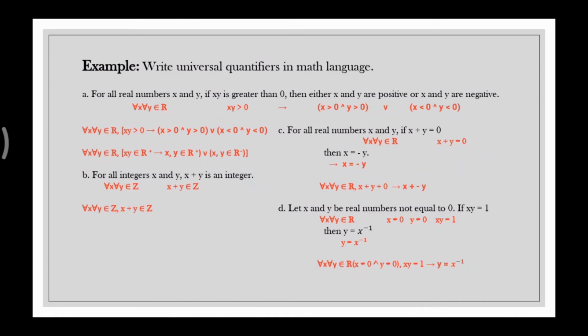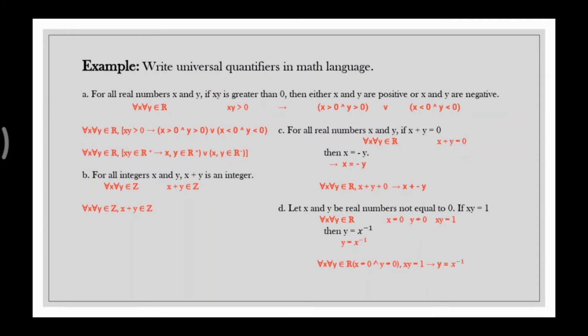Example. Write universal quantifiers in math language. Letter A. For all real numbers x and y, if xy is greater than 0, then either x and y are positive or x and y are negative. Letter B. For all integers x and y, x plus y is an integer.